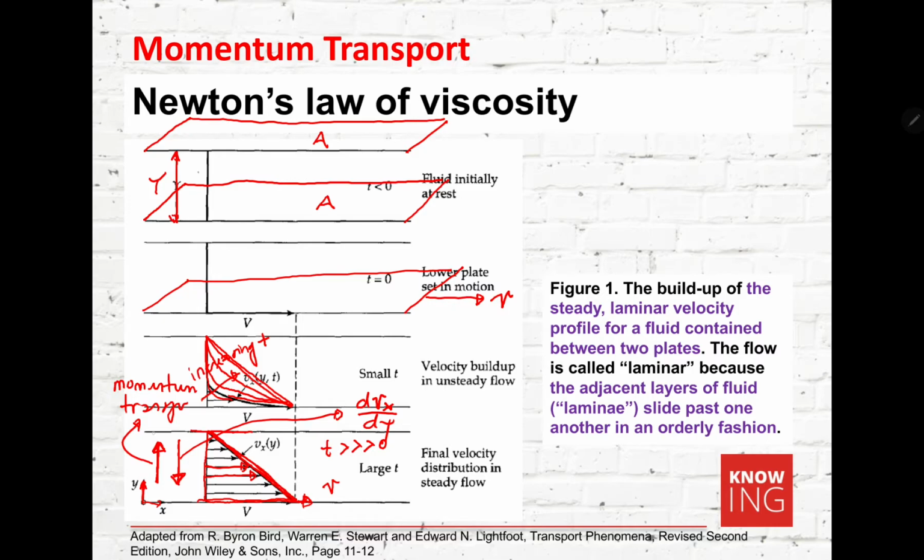The momentum transfer is in this direction because, let's say, the fluid in this particular thickness has a higher velocity that will be transferred to the fluid in this one, and then in this one, and this one. So the direction of the transfer is the direction of increasing y, but the velocity is increasing in the opposite direction.